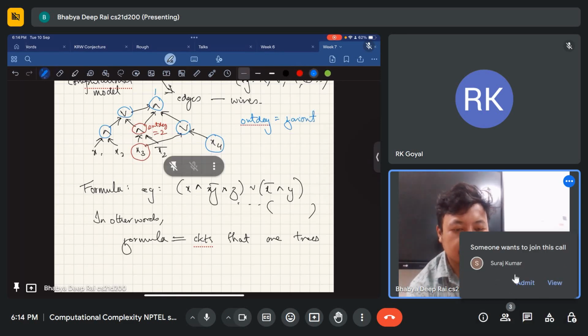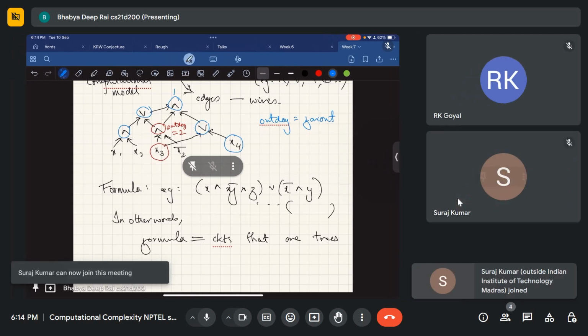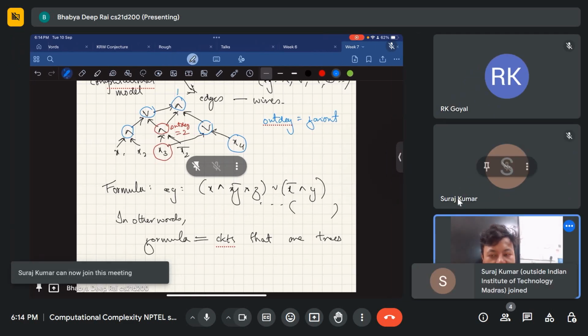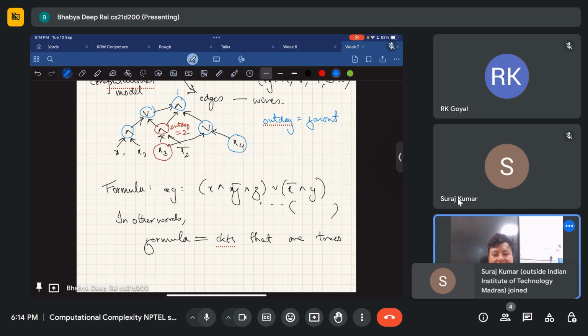Out degree is also called the fan out of the gate. Now let's say I do not allow fan out to be more than 1.